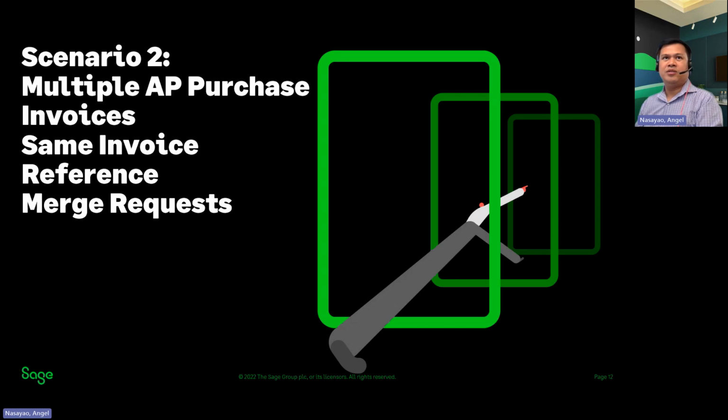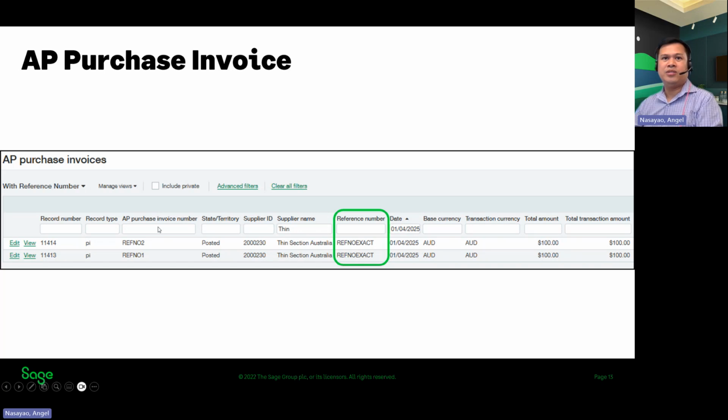But let's have a look at other scenarios in here. So the other one is you have multiple AP purchase invoices, but you have the same invoice reference, but you have to merge, right? So essentially what we are saying in here is that for this particular supplier, you have at least 2 AP purchase invoices that you're about to pay, and those 2 AP purchase invoices have the same reference number, right?